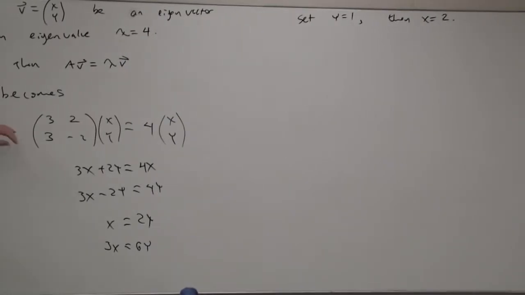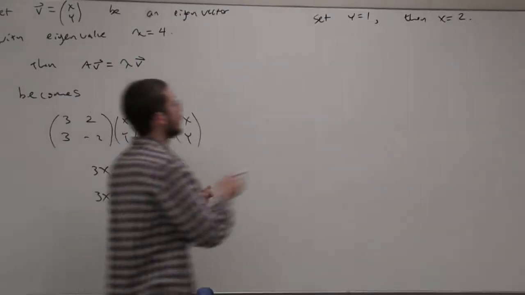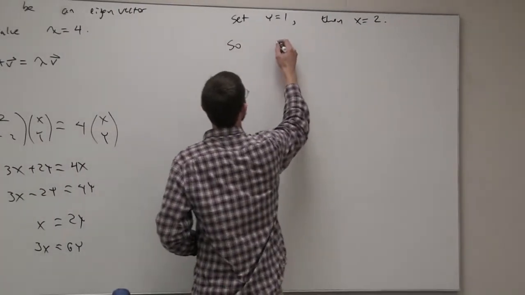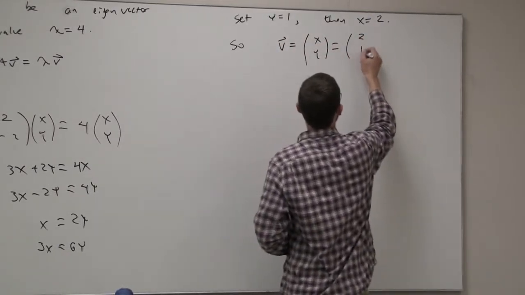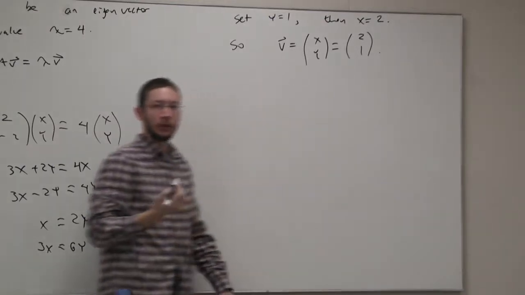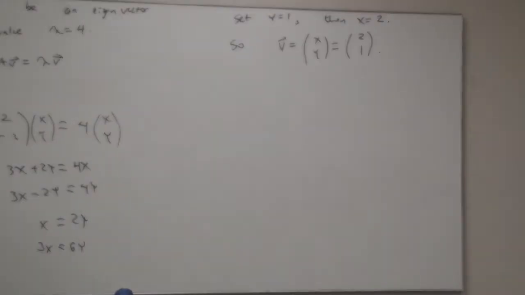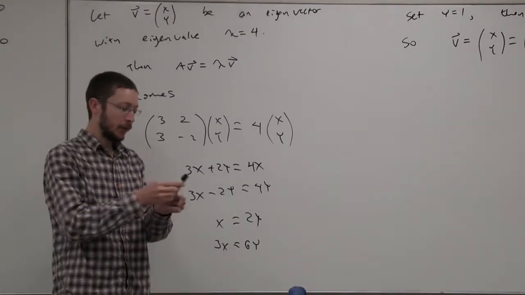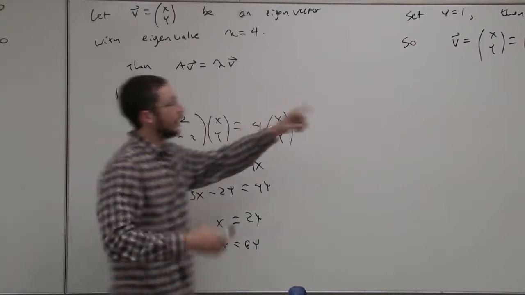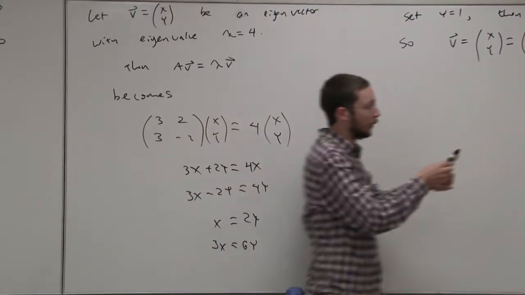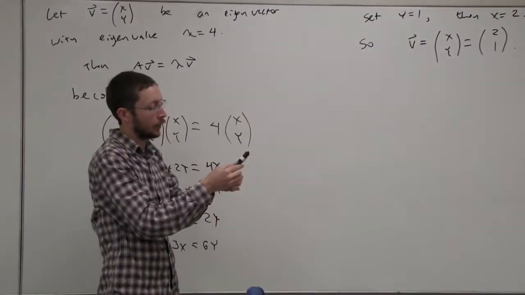And that gives us an eigenvector. Our eigenvector V is going to be (2, 1). And we have choices here, right? Any vector in the span, so this is an eigenvector (2, 1), and any rescaling of that eigenvector is also going to be an eigenvector.